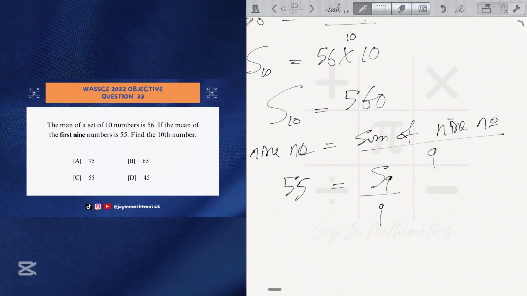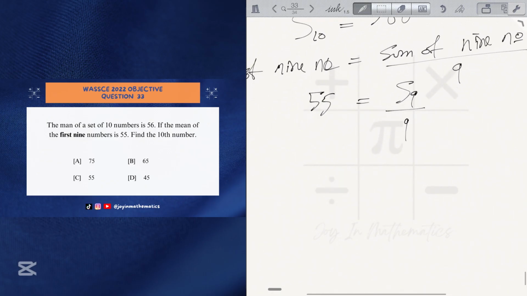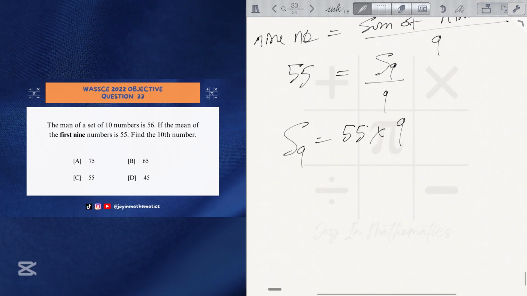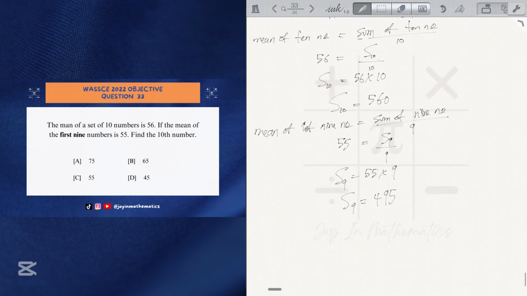So we can now evaluate S9, the sum of the first 9 numbers. S9 is equal to 55 multiplied by 9, which is equal to 495.